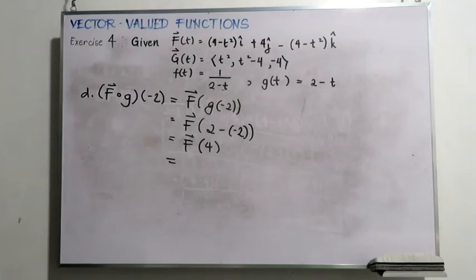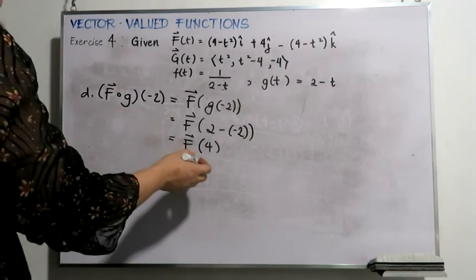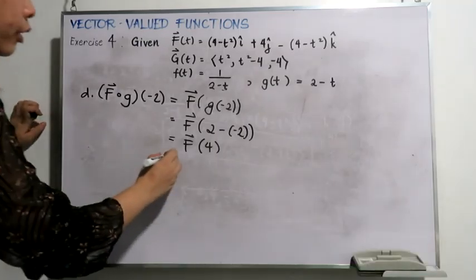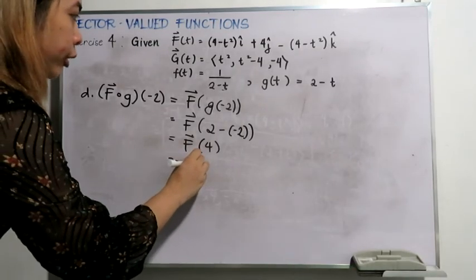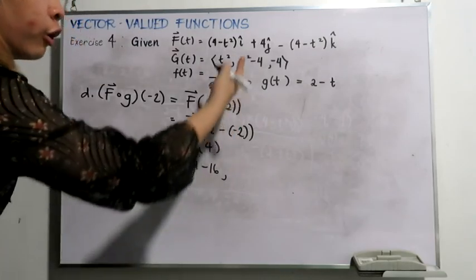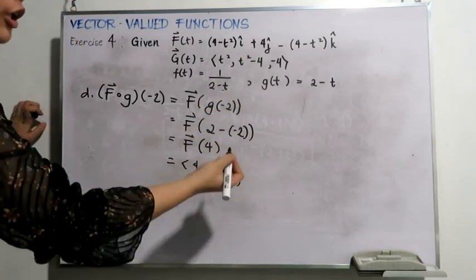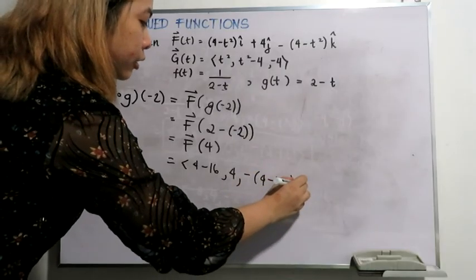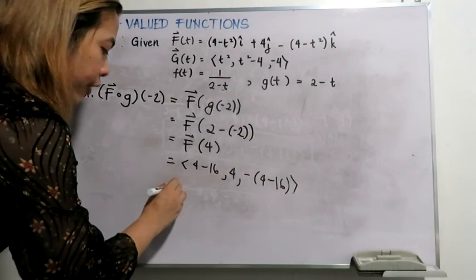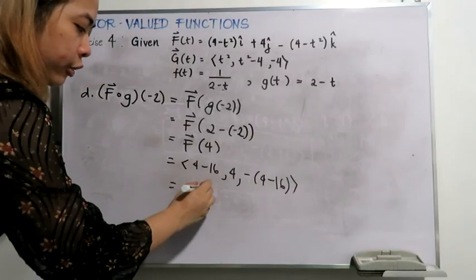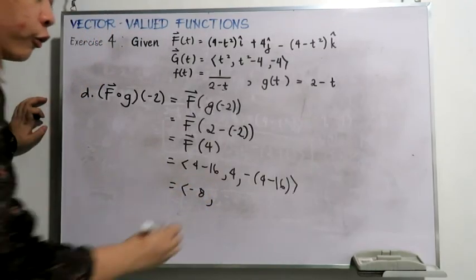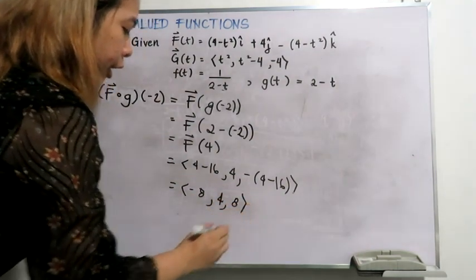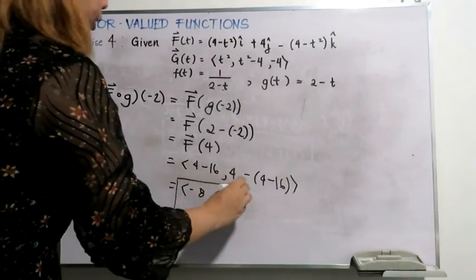Thus, plugging in t equals 4 to our vector valued function capital F, we obtain 4 minus 16, 4, and negative quantity 4 minus 16, which we can simplify into negative 12, 4, and positive 12. And this is the final answer.